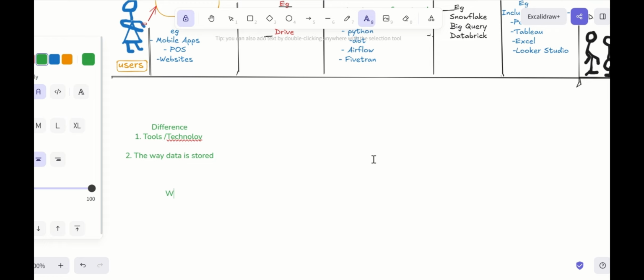Why create OLAP if the data is already stored in OLTP?